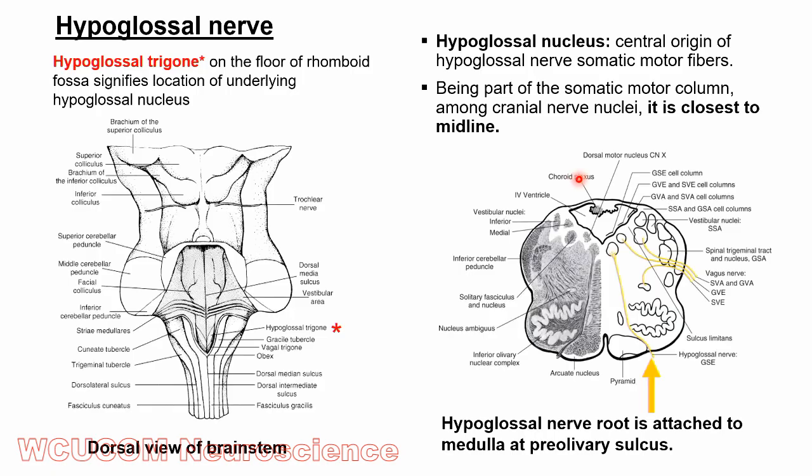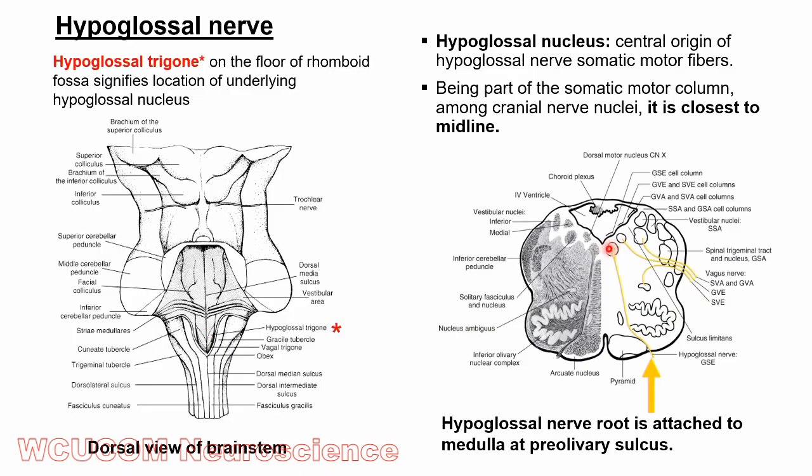Okay, very good. So looking at hypoglossal, that we have already agreed is one of our somatic motor nerves. And I expect the nucleus to be very close to midline, medial most, right? And we're poking in the medulla, and sure enough, the hypoglossal trigone, that little bit of elevation that you see, actually is formed by the underlying nucleus, and it's here.